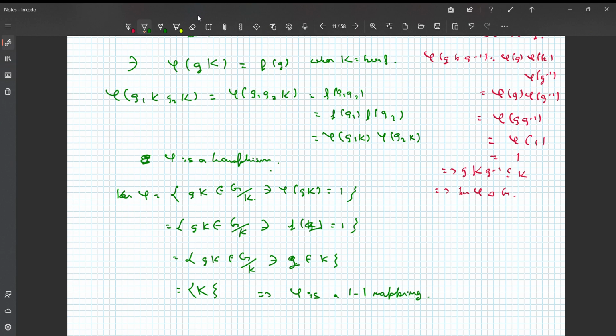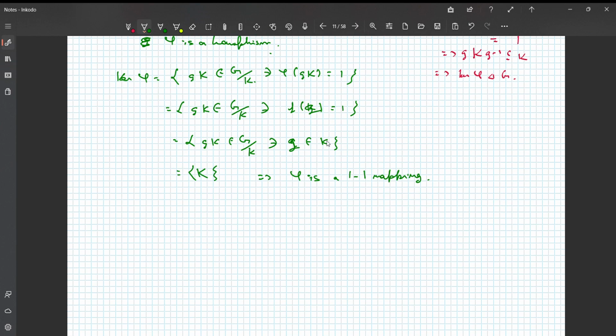Clear? Onto is pretty trivial from the definition of the function, right? Because for all F of G in image space of F, there exists some G in G such that GK belongs to G mod K with GK being mapped to F of G. Right?